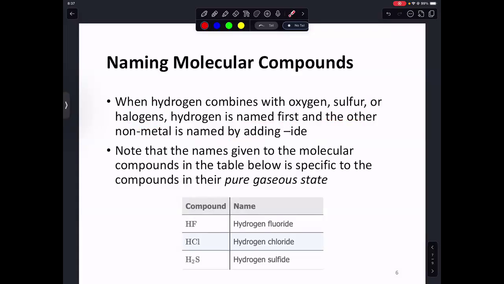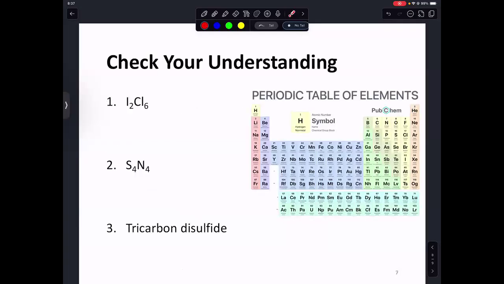For example, HF becomes hydrogen fluoride. This only applies if they are in the pure gaseous state. I will compare and contrast that when we are talking about acids later, in a different video.